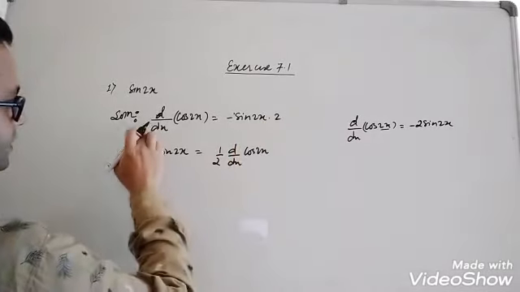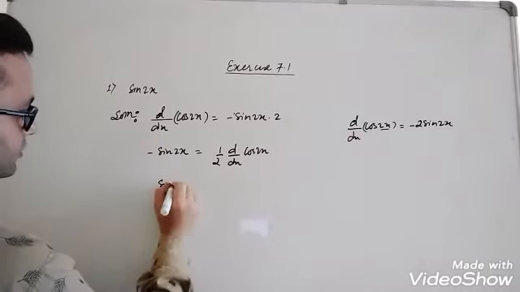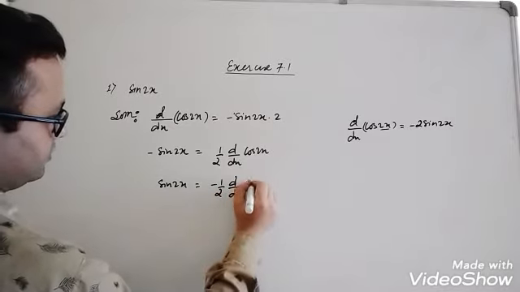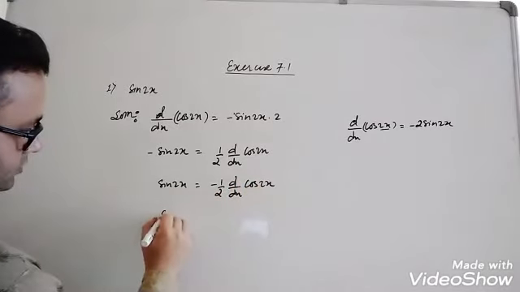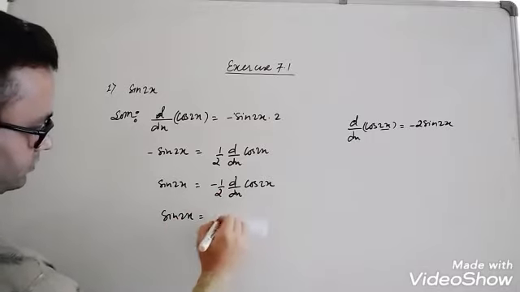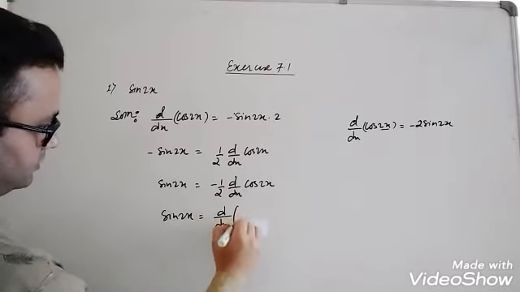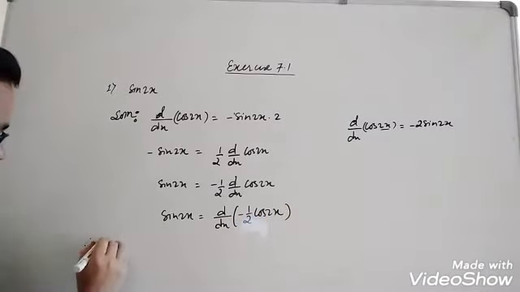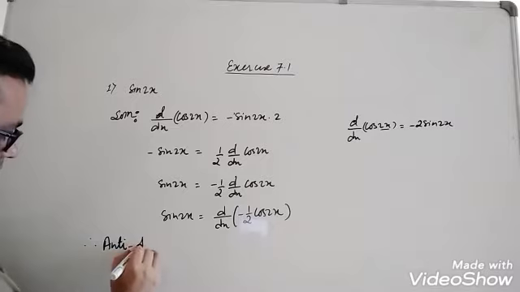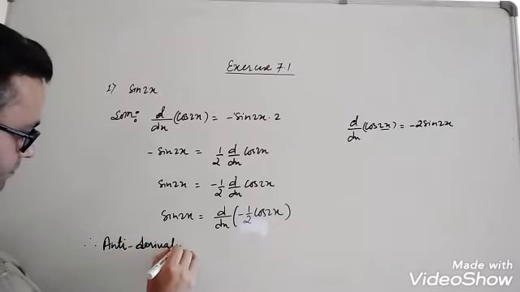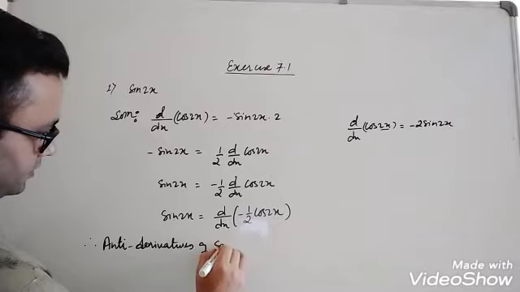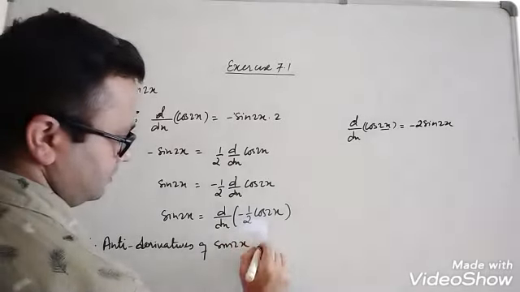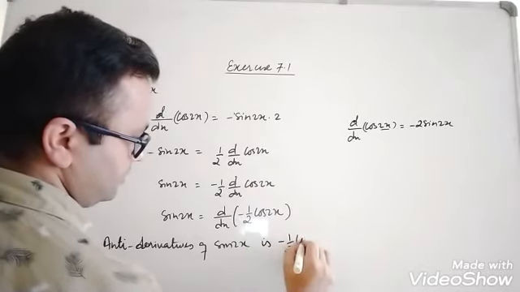This 2, we bring it to the denominator. So sin 2x equals minus 1 by 2 d/dx of cos 2x. So sin 2x equals d/dx of minus 1 by 2 cos 2x. So therefore the antiderivative of sin 2x is minus 1 by 2 cos 2x.